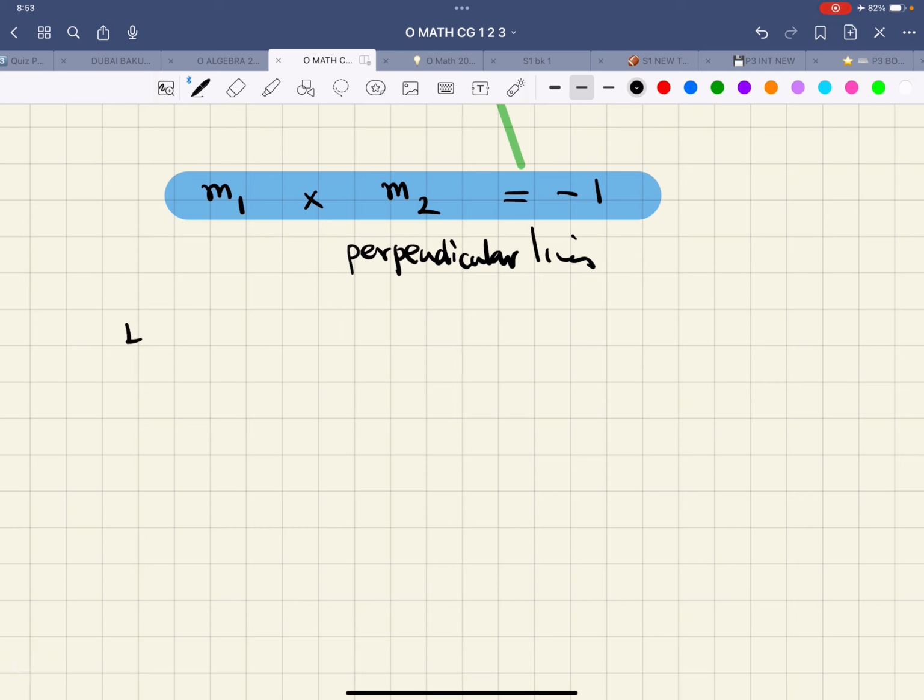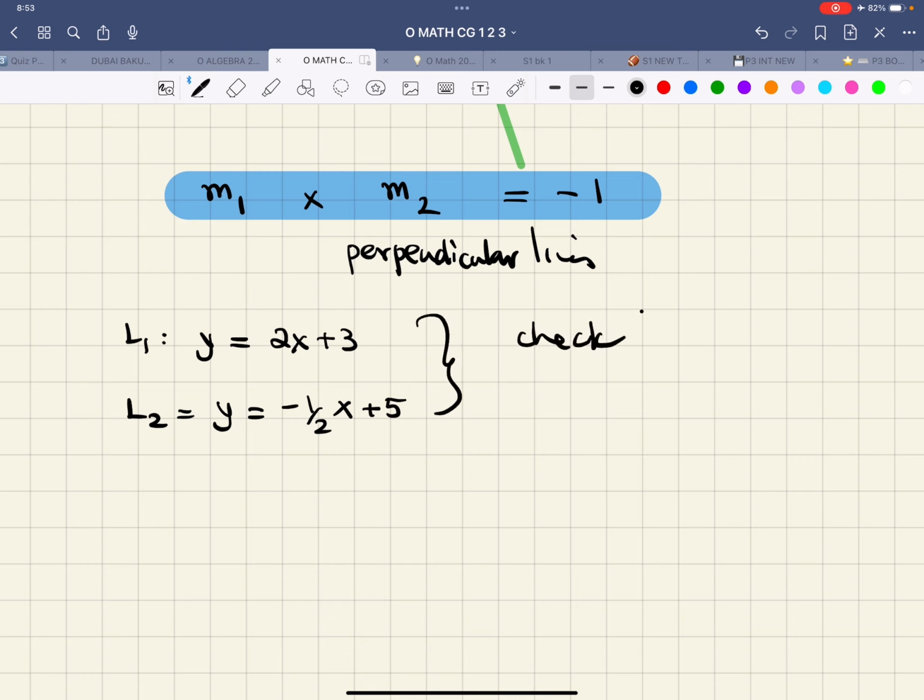For example, let me write the equations, already in standard form. L1: y equals 2x plus 3. L2: y equals negative half x plus 5. Now I need to check whether these two lines are perpendicular or not, yes or no. The gradient here is positive 2.